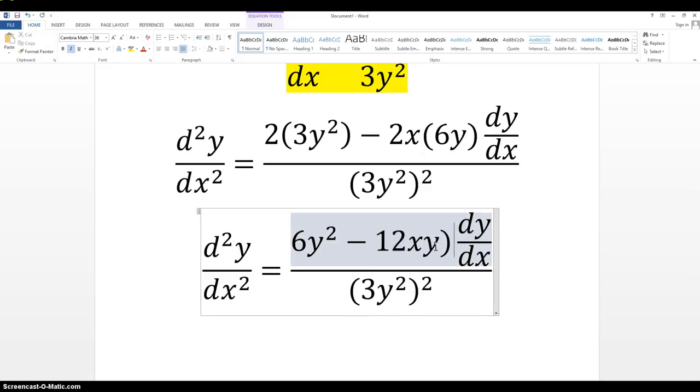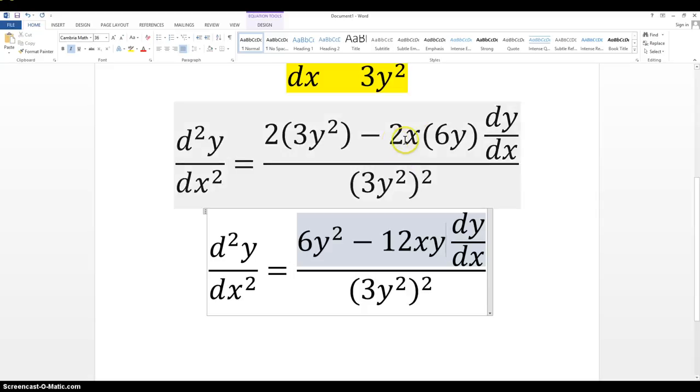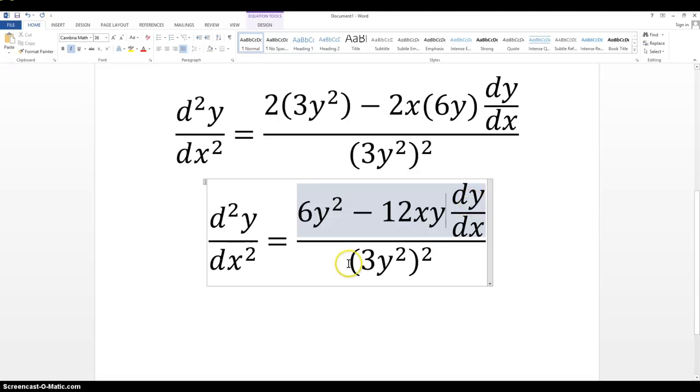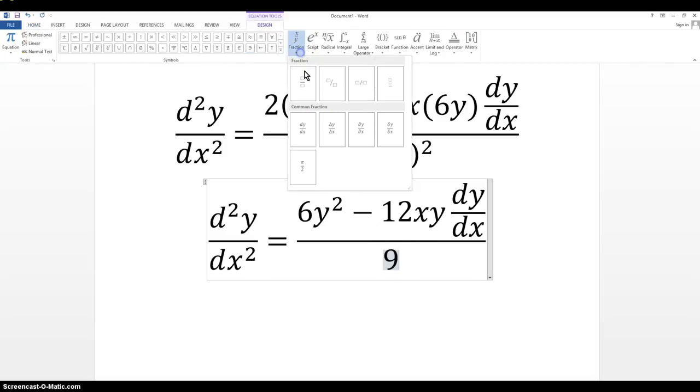All I did was simply combine. The only thing I multiplied together was the 6 and the 2, and then the x and the y, and just bring them along because they're being multiplied. dy dx over, let's go ahead and distribute this power of 2 to both. 3 squared is simply 9. y squared squared is simply y to the 4th, so we get 9y to the 4th.